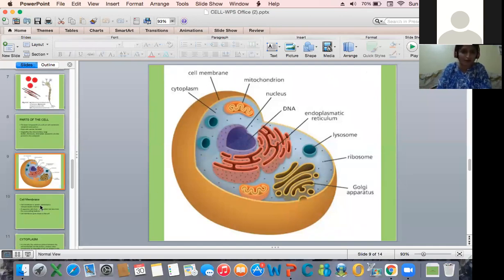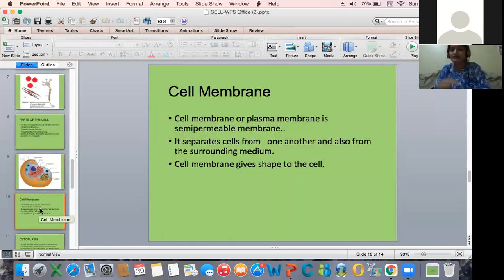The cell membrane is also called the plasma membrane. And its speciality is that it is a semi-permeable membrane. Now, what do we mean by semi-permeable?